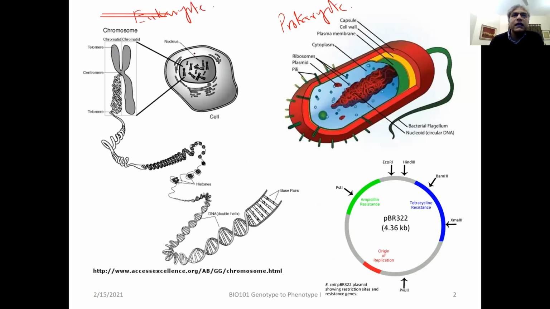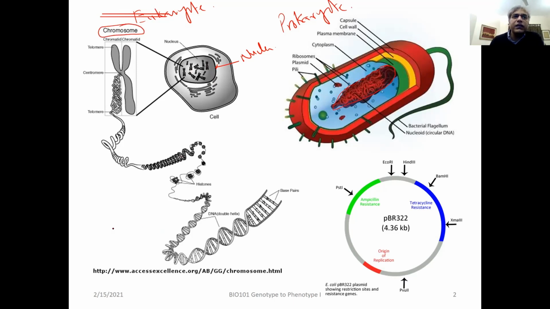You can see in eukaryotes there are membrane-bound organelles, so this is the nucleus, for example. In prokaryotes, there is no membrane-bound nucleus. The genetic material, the DNA, is just bound to the cell membrane, and it's like one big circular molecule in bacteria. In case of eukaryotes, within the nucleus, we have these structures which we refer to as chromosomes.